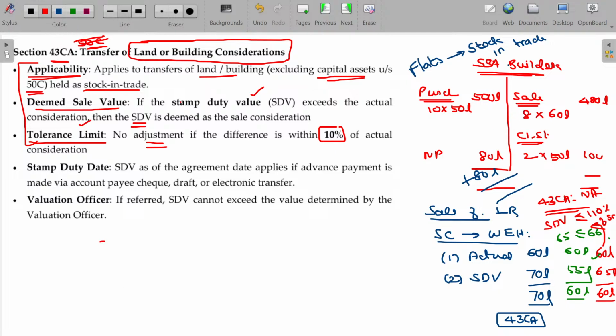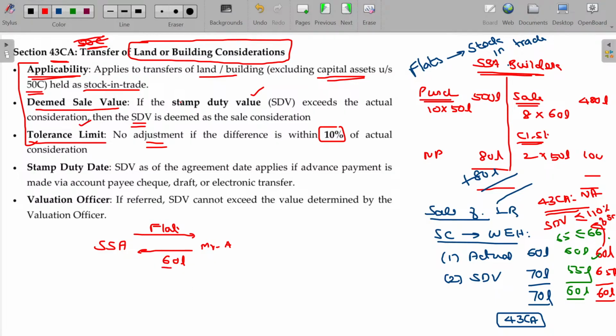Here, SSA Builders and Mr. A. Flats transferred, consideration 60 lakhs.